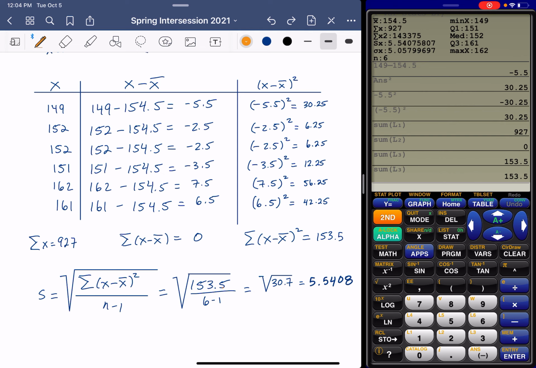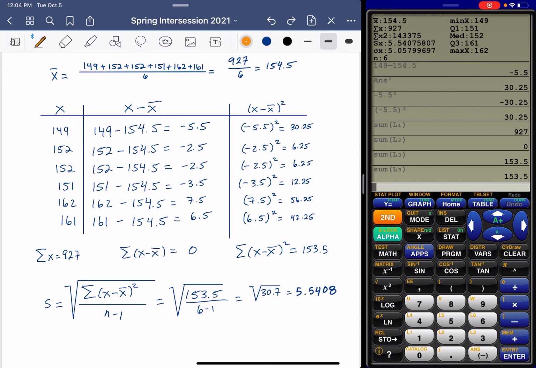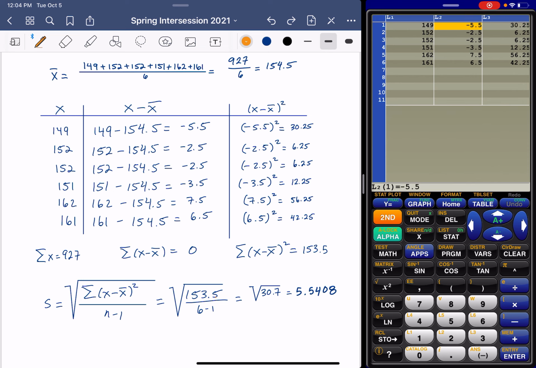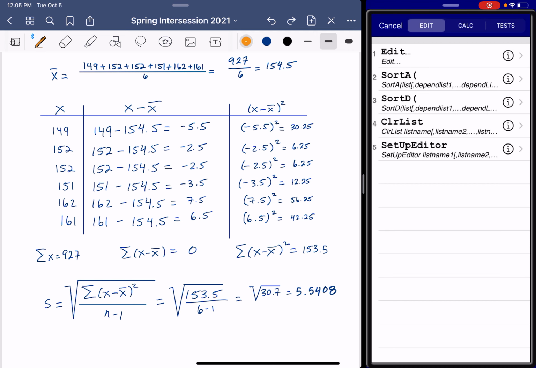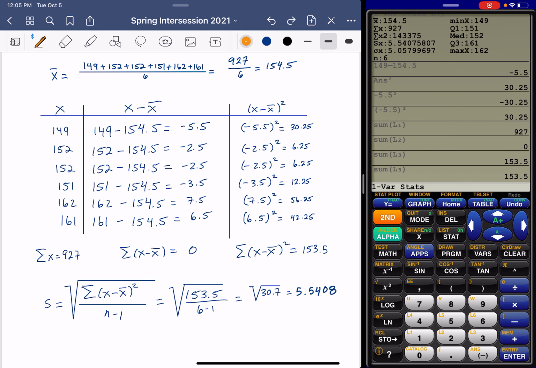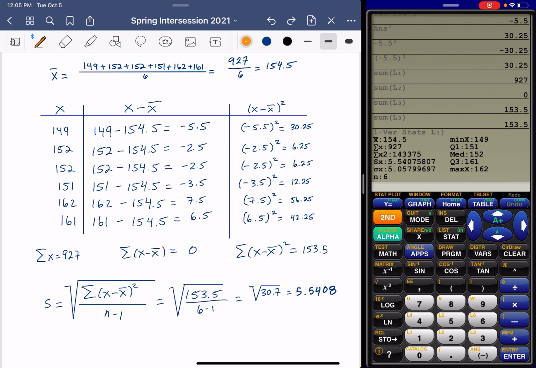Now, can I find this answer on the calculator? You can, right? Remember, if you go to stat and edit, the first column has all these numbers, right? This data set. So if we go to stat and calc, one variable stats, L1, enter, we look for the standard deviation, which is right there.